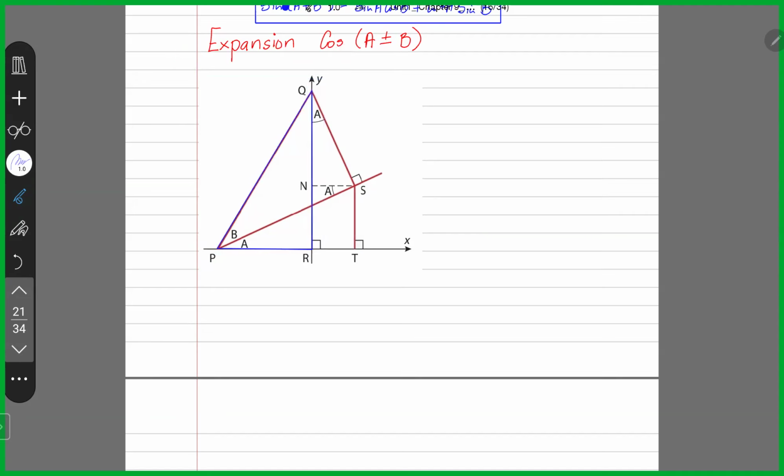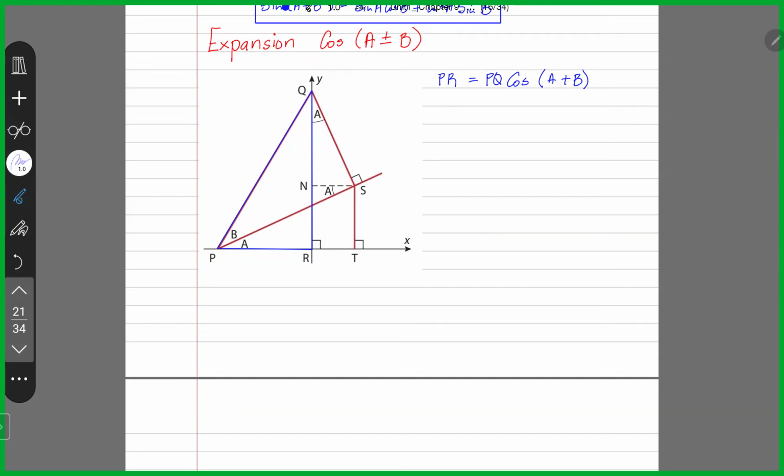From that, I can say that PR would be equal to PQ, the cosine of the angle, which is A plus B.